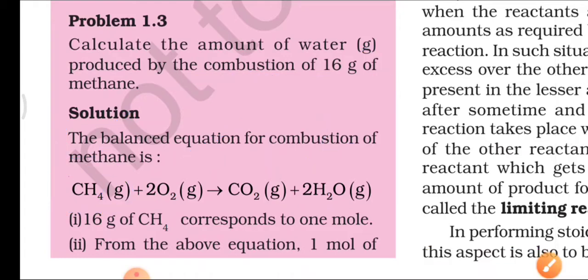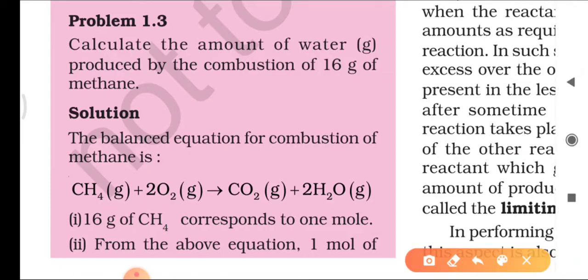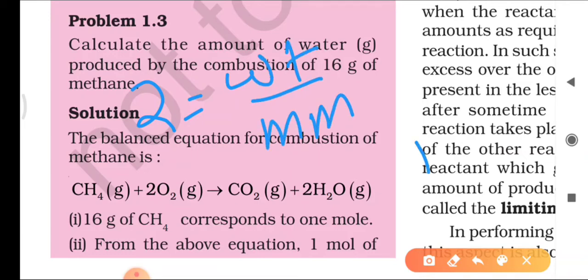Now if we are going to calculate the mass of H2O, again I am going to write the formula of number of moles. We know that 2 moles of water will be produced. According to the formula, number of moles is weight in gram by molar mass, right? What will be the molar mass of H2O? Oxygen 16 plus hydrogen 1, and there are 2, so 2 into 1, it will become 18, right?